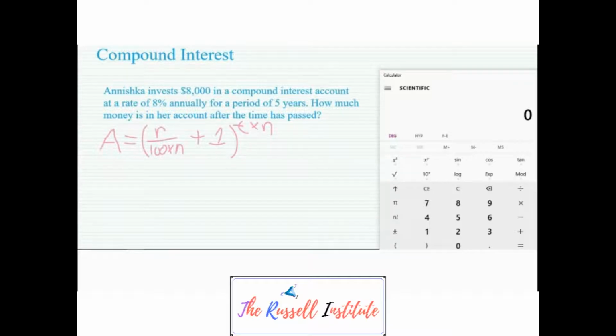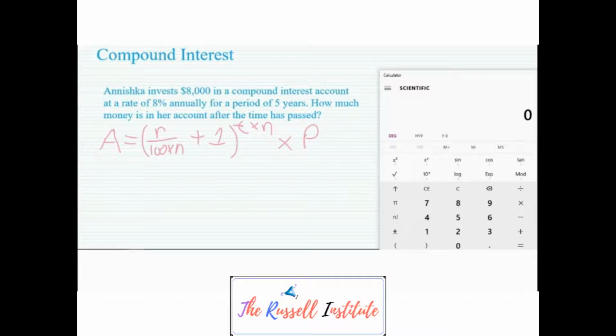T is the time in years, and n, of course, once again, is the number of compounding periods per year, which is typically equal to 1. And then finally, I want you to multiply your final answer by the principal. So, it looks complicated. It is complicated, but watch this. Usually these problems take me about 10 seconds to work, and I'm going to show you why.